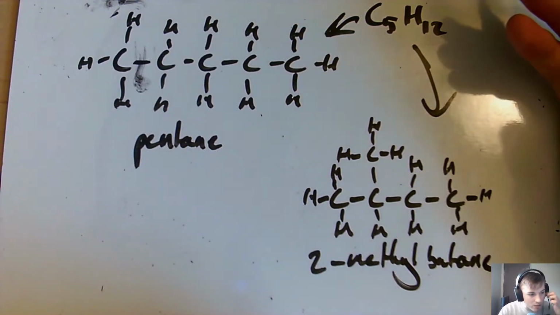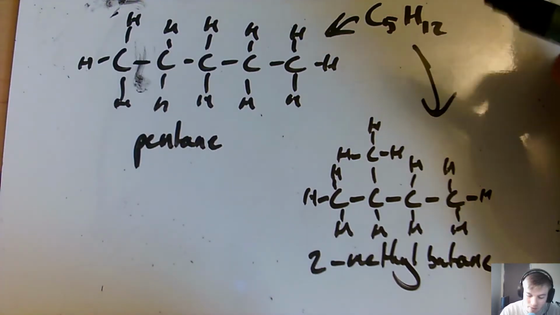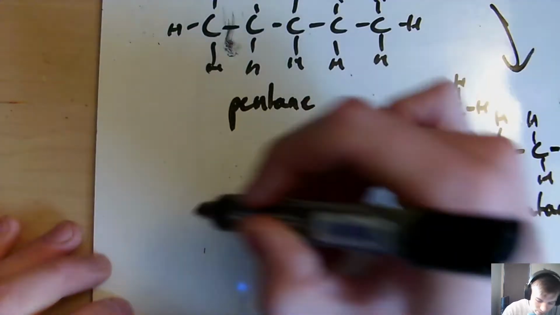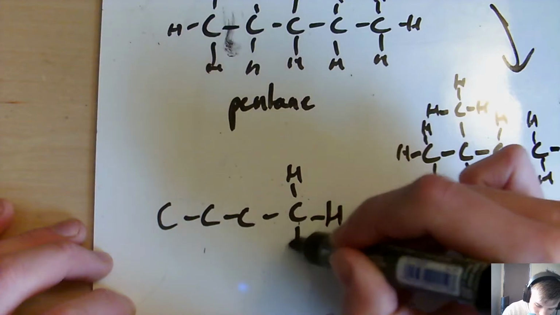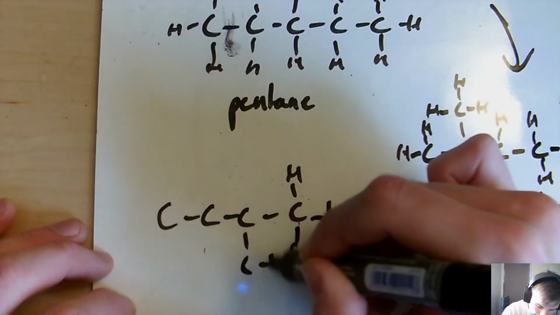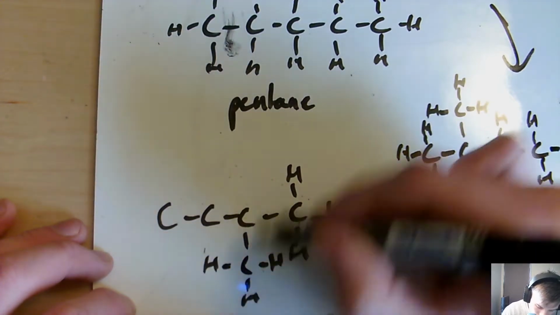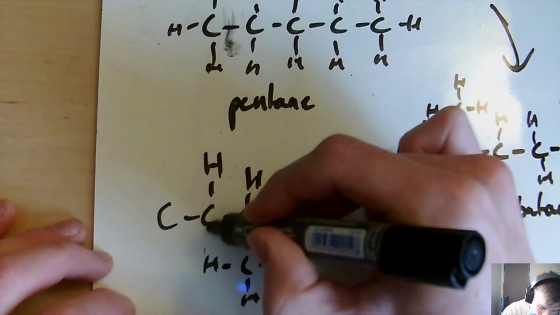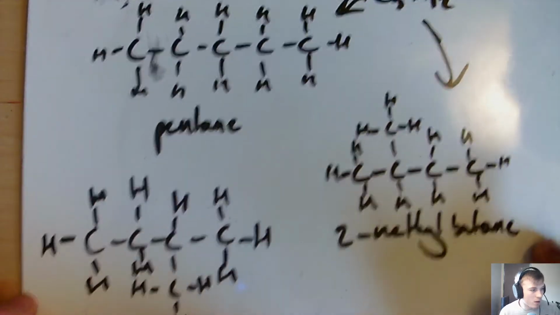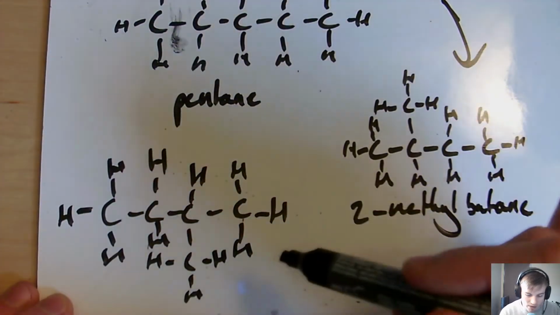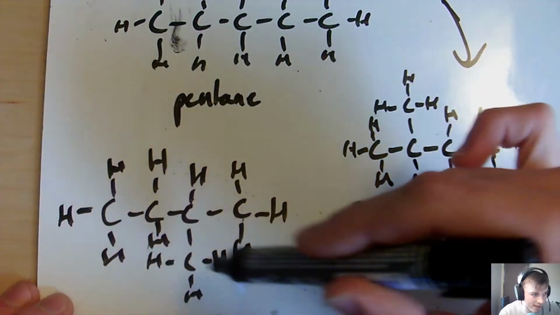You just need to be wary of the naming convention, because if I drew another one like this, this is also 2-methylbutane because the methyl group is on that second carbon.